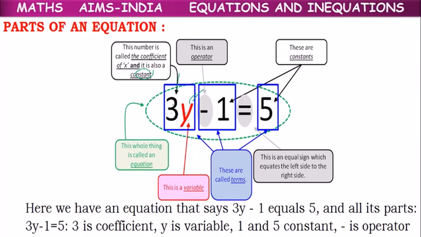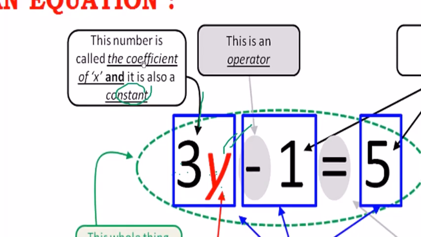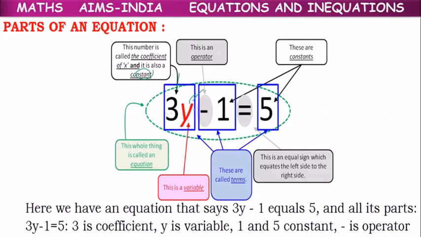This 3 is called the coefficient, coefficient of y. 3 is the coefficient of y, and 3 is a constant. Minus 1 has no variable here, so it is not a coefficient, it is just a constant. Here 5 also is only a numeral, just a constant.